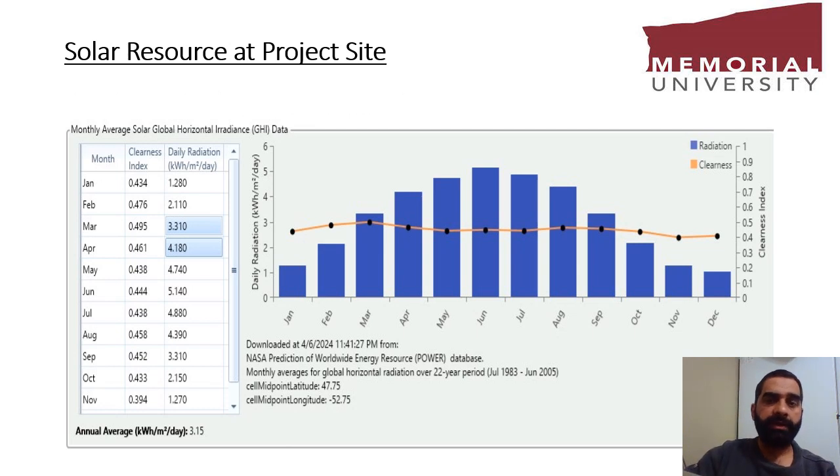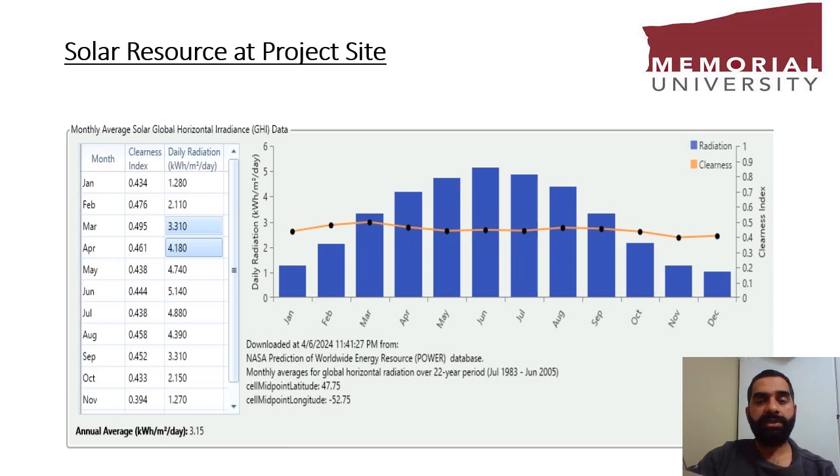In this slide, you can see solar resource data at project site. As you can observe, from May to August, we have more than 4 kilowatt hour per meter square per day. The maximum irradiance is in the month of June, and the minimum in the month of December.